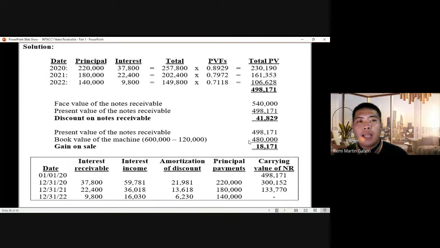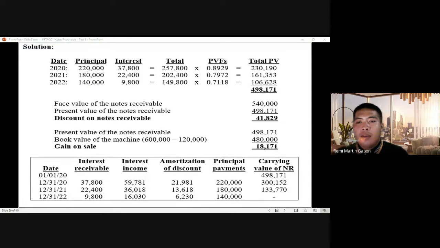It's a gain because the present value of the notes is higher than the book value of the machine. Interest goes in the interest receivable column. Then the unequal principal payments go here again, and 498,171 goes in the carrying value column.